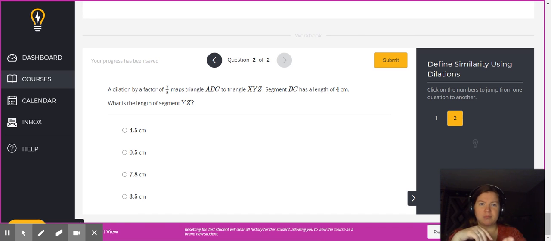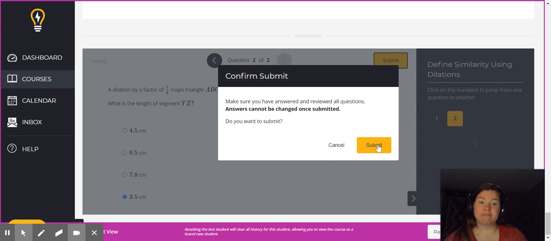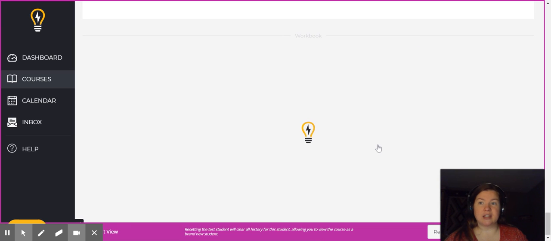I say divide by the bottom and times by the top. So 4 divided by 8, that's half, and then half of 7 is 3.5. So there we go.